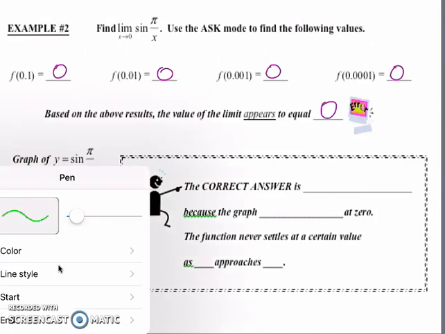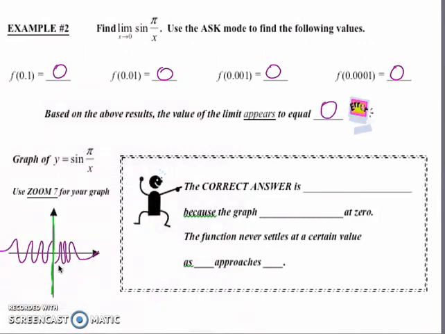So our correct answer here is that the limit does not exist. Because the graph does not exist at x equals 0. The function never settles at a certain value as our x value approaches 0.